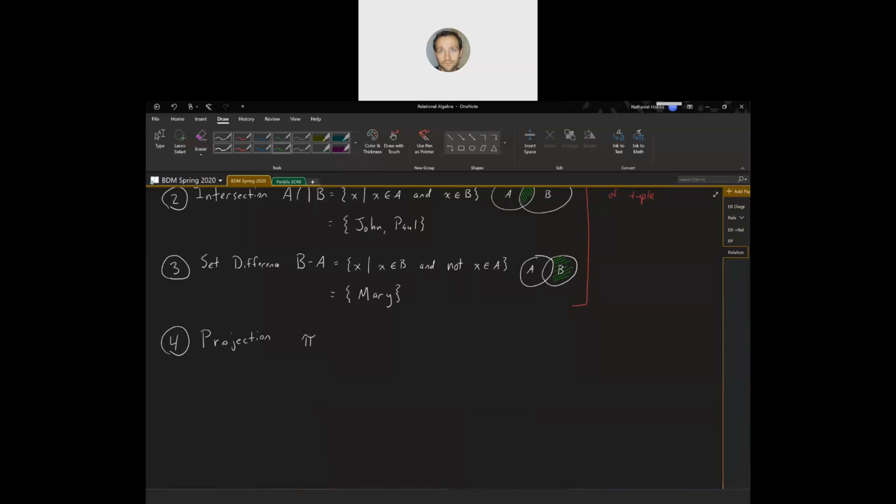And what this does is turns many coordinates into few. So this is probably easiest seen with an example.